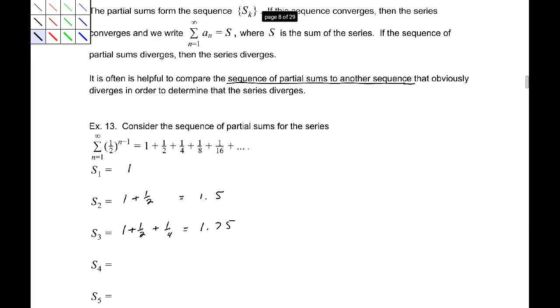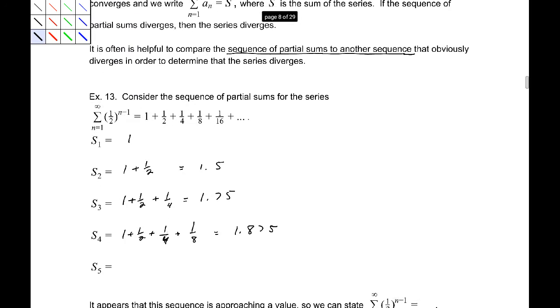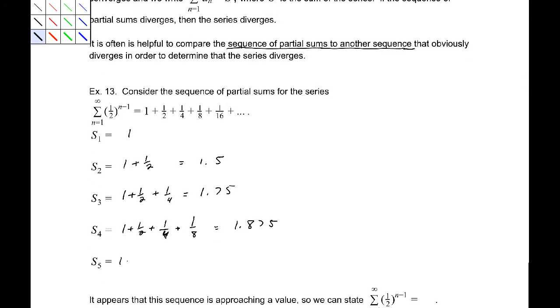S4 is 1 plus 1/2 plus 1/4 plus 1/8, which will be 1.875. So we're going up in powers of 2. So 1 plus 1/2 plus 1/4 plus 1/8 plus 1/16, and that is going to be 1.9375.